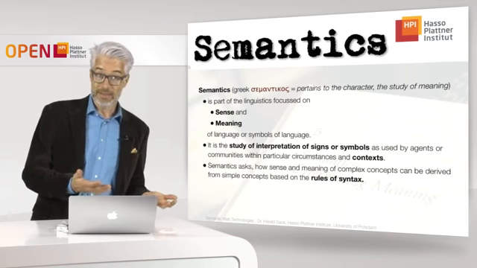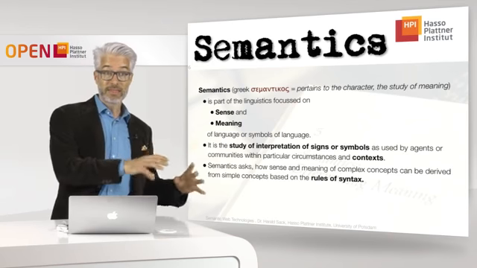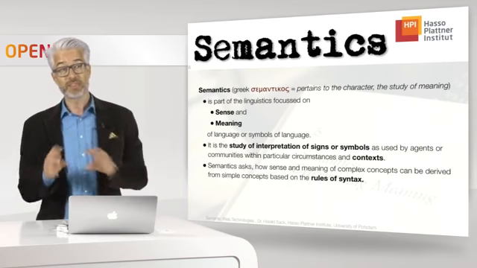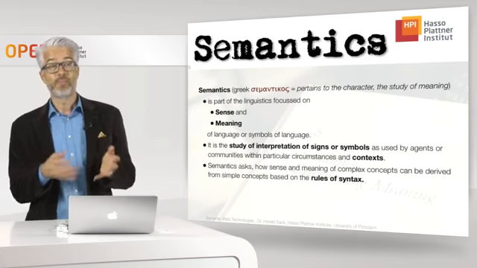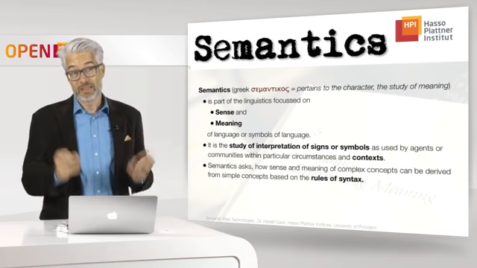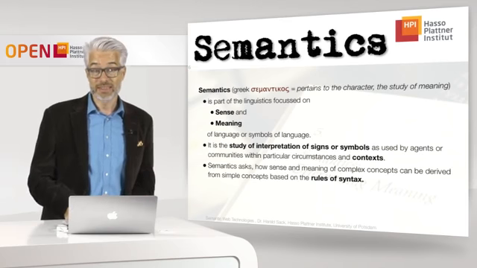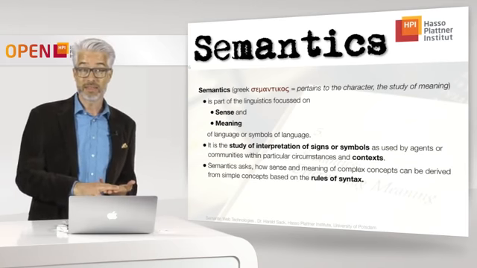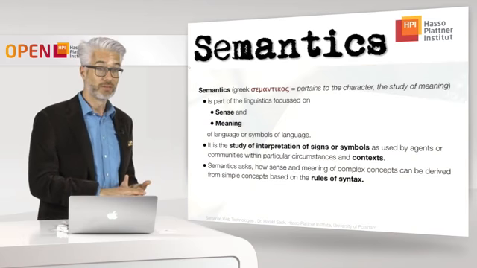Semantics asks, in some sense, how sense and meaning of complex concepts can be derived from simple concepts, based, again, on rules of syntax. So one of the, let's say, fancy tricks that we use also in logics is we derive semantics via syntactic rules.